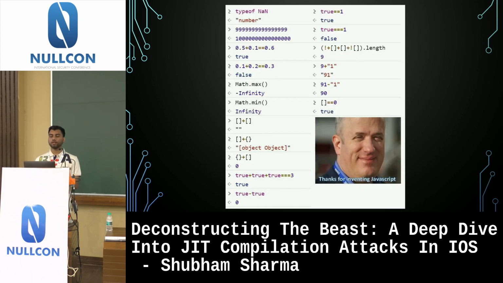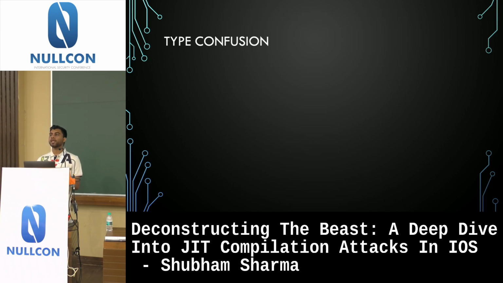We have all seen this particular meme where JavaScript behaves very differently for calculations. Here is one specific example where the integer 9 added with the character 9 gives the string 91, and so on. We have seen this, and in daily operations we also find this. This gives us the possibility of one such attack scenario, which is type confusion. We all know that in programming languages, every data type consumes some bits of memory.